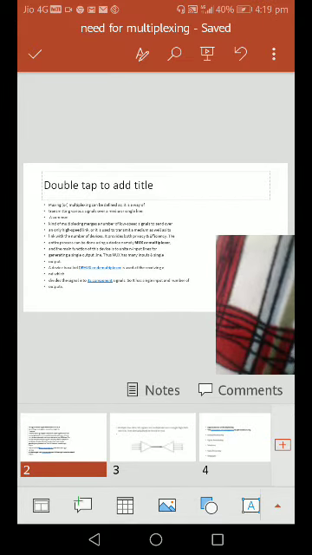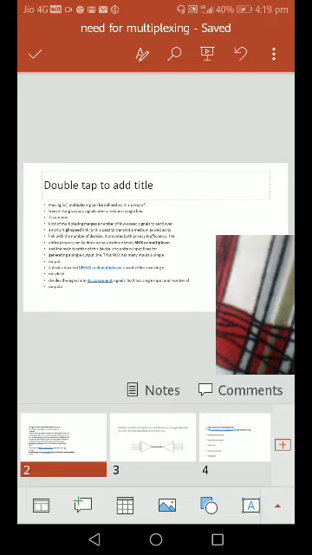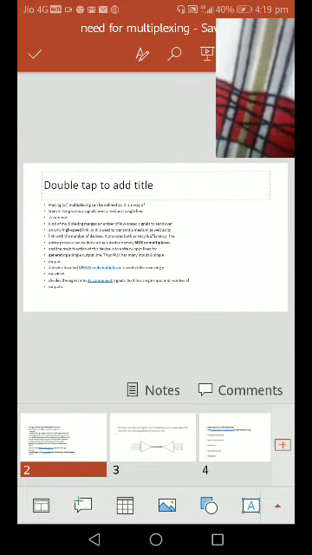So it has a single input and a number of outputs, meaning only one input and many outputs. We get the number of outputs at the receiving end.